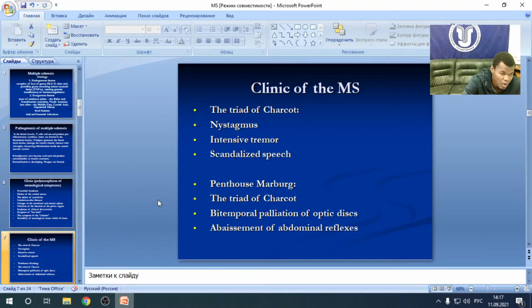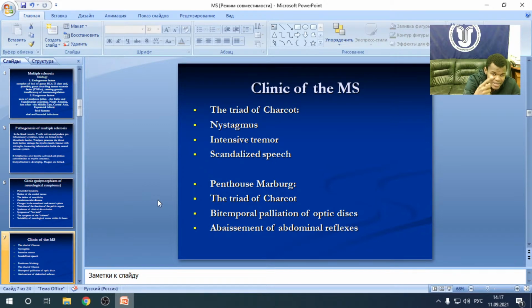When we are going to talk about the clinical picture, let's target it. You are going to have the triad of Charcot. If you get this one, you need to start thinking about MS. You have nystagmus.